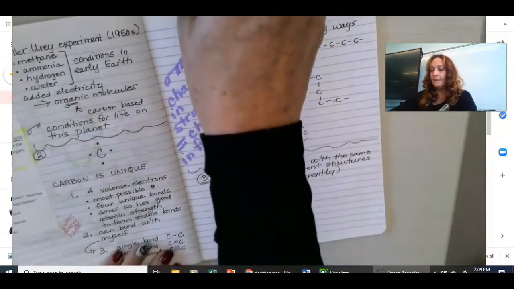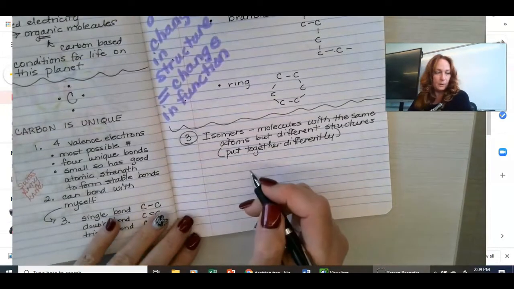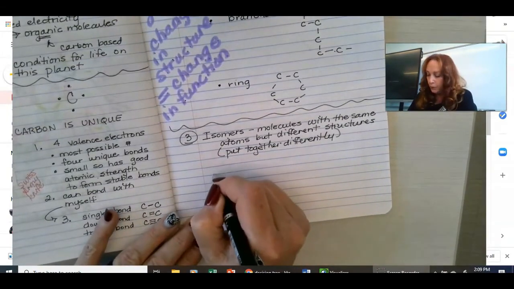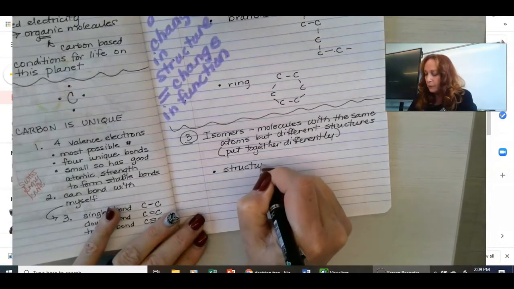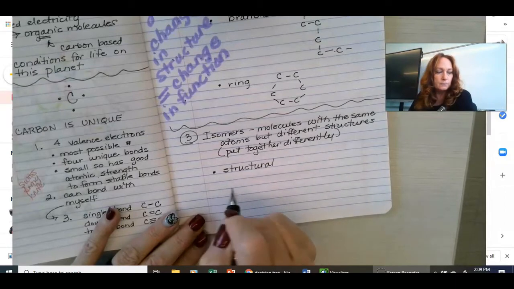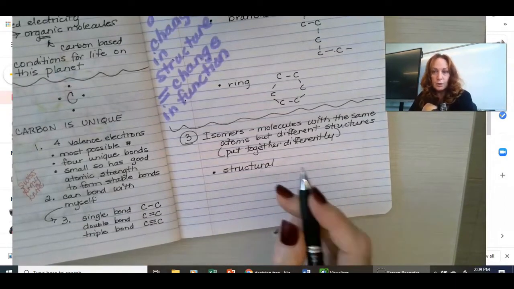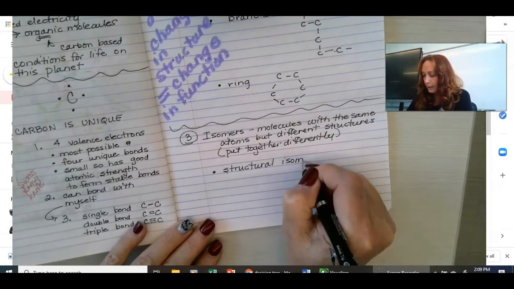Okay? So let's talk about what the names of these are, because they gave us some specific ones. The first one is where the difference in the way you're put together is structural. So that's what I just described. So let's come over here, structural isomer.